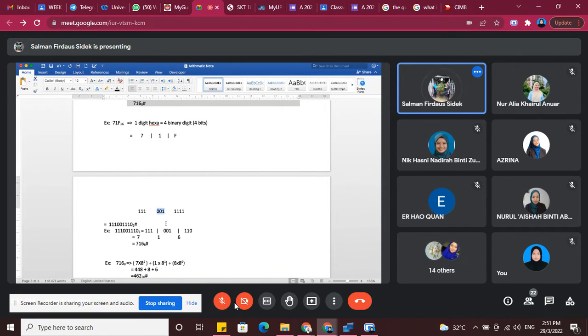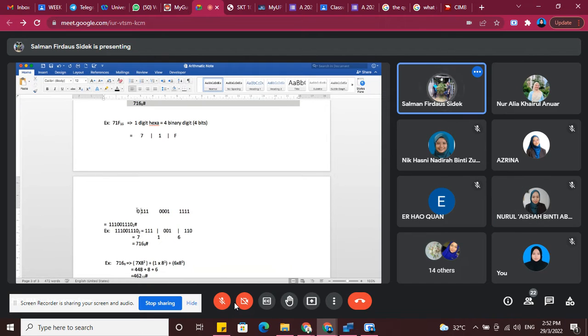Kalau 4 bit jadi apa? 0001. And then 7 is 0111.